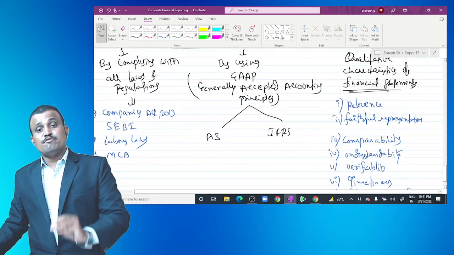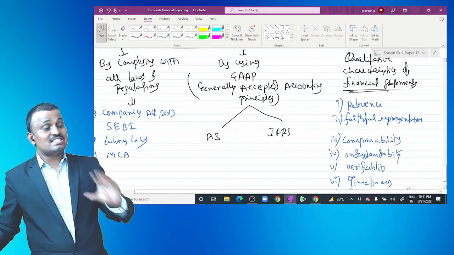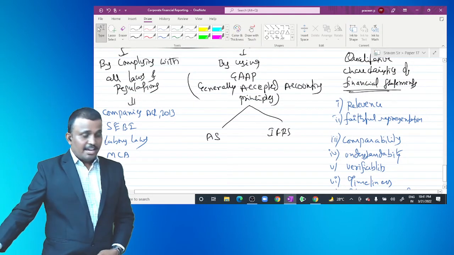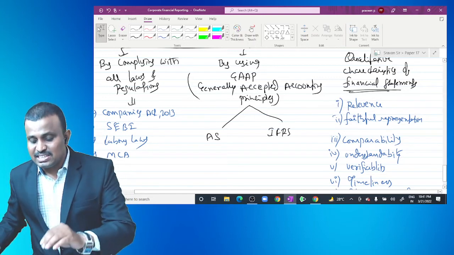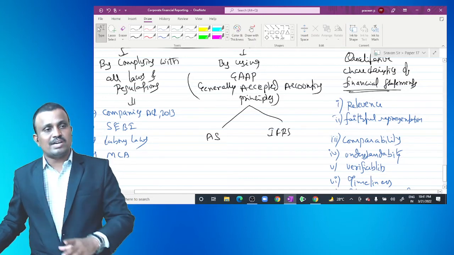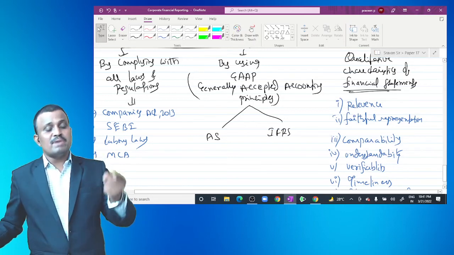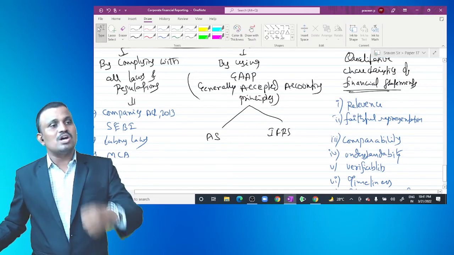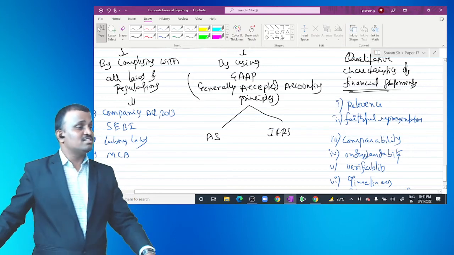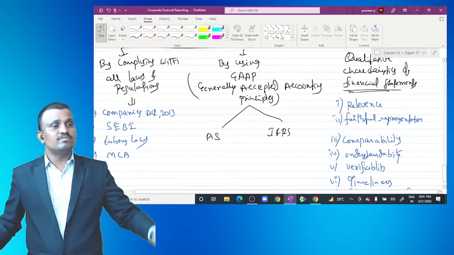These are the features or characteristics of the financial statement. If the financial statement represents these qualitative characteristics, follows GAAP, and is prepared by complying with all these laws and regulations, then those financial statements represent true and fair.